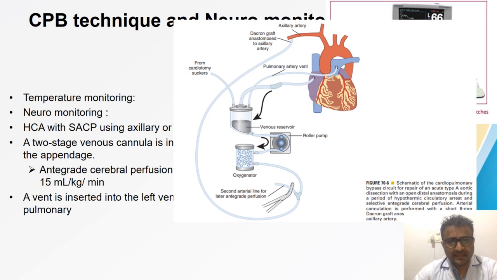Once the distal anastomosis is performed, the patient is de-aired, rewarmed, and weaned off from hypothermic circulatory arrest, and the proximal anastomosis is performed during the rewarming phase.